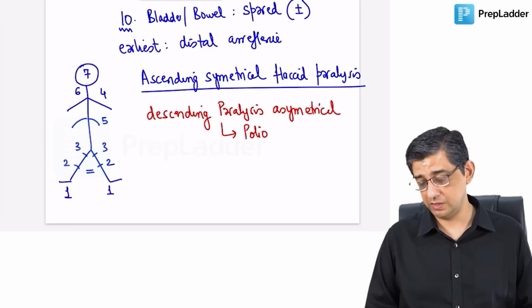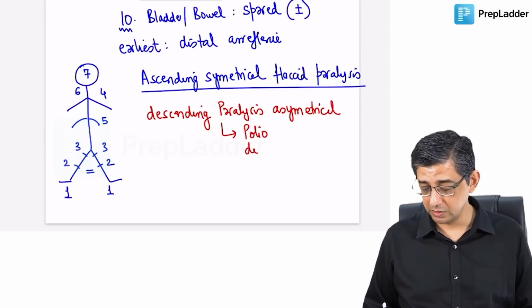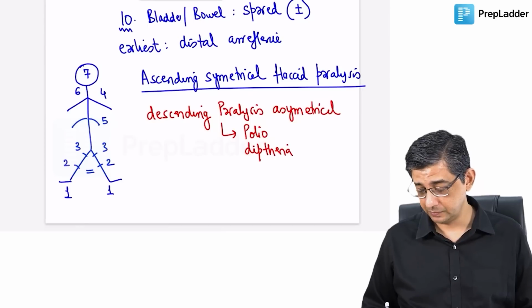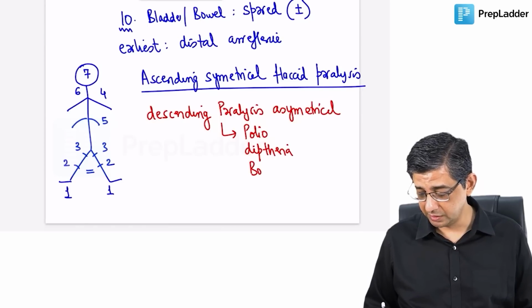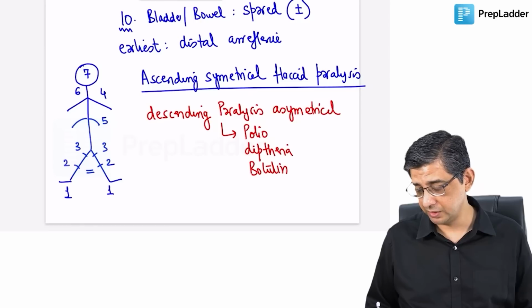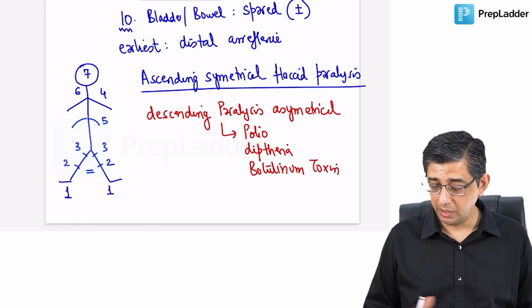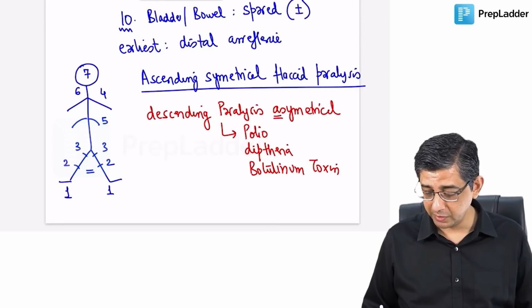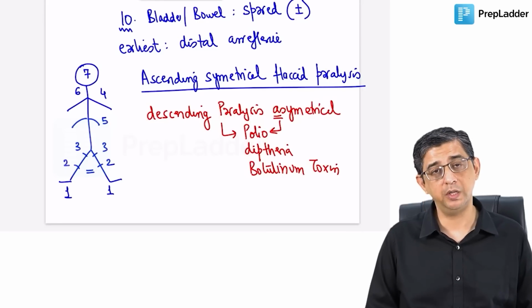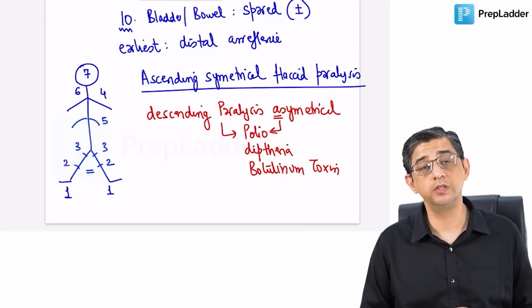You see, descending paralysis is what you read even with botulism also, no? You read that even with diphtheria. There are three important causes of descending paralysis that I have just mentioned before you: poliomyelitis, diphtheria, and botulinum toxin. And yes, asymmetrical per se, especially from a developing country perspective, you should definitely keep a watch for the answer as poliomyelitis.